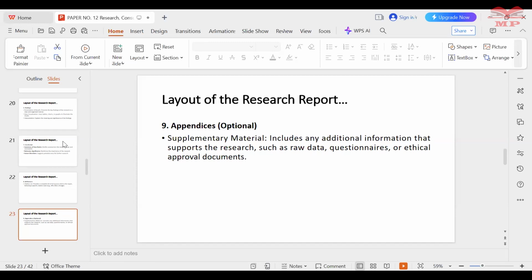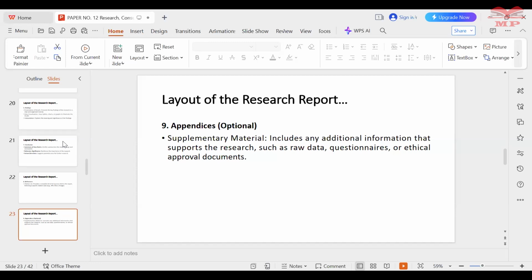Appendices are supplementary materials which may include any additional or supporting research. For example, there is the issue of raw data. There are issues like questionnaires, ethical approval documents, letters of permission, the questionnaires that were adopted, among other things that may be required in a report, depending on the type of the report that was being done.